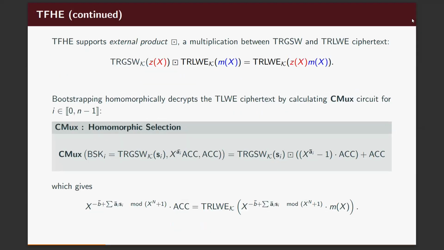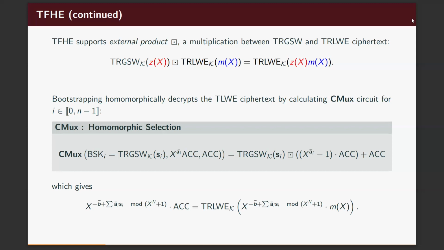TFHE is famous for its fast bootstrapping based on the external product. It is a simple multiplication between the ring GSW and the ring LWE ciphertext. After the external product, it returns a ring LWE ciphertext encrypting m(X) multiplied by the integer polynomial c(X). Based on the external product, TFHE bootstrapping homomorphically decrypts the LWE ciphertext by calculating the controlled MUX circuit for every element in the LWE ciphertext.